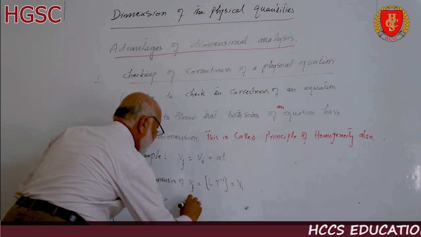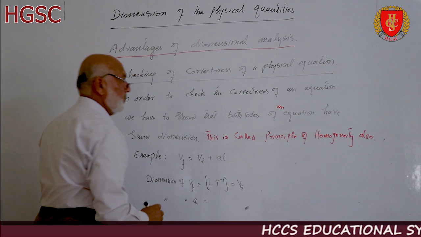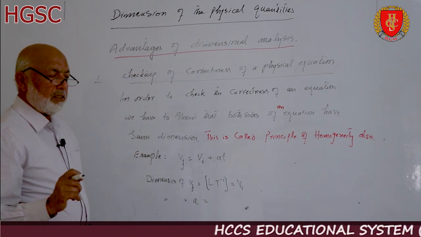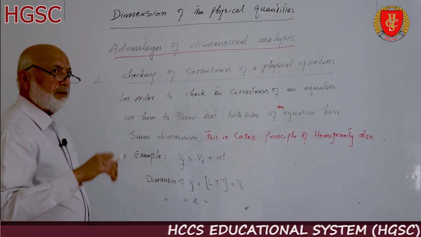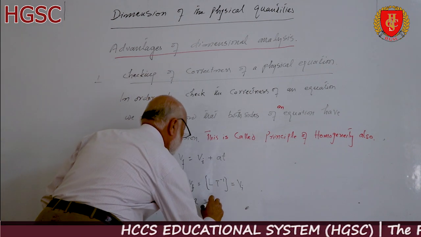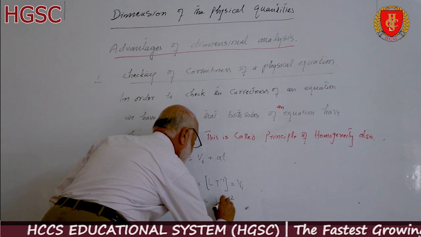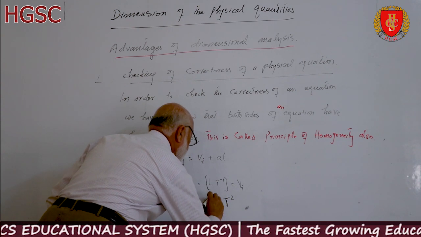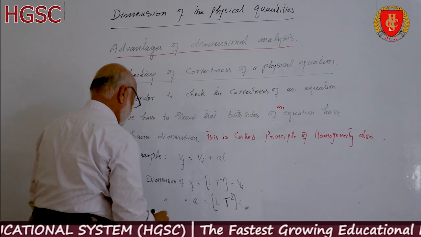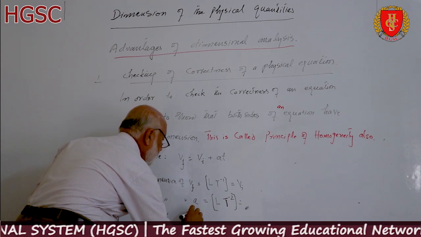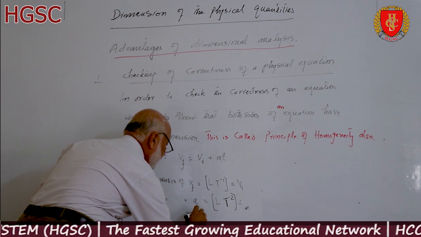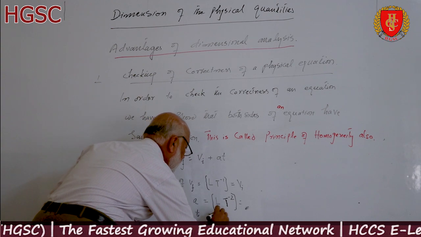The dimension of acceleration: acceleration is the rate of change of velocity, so change in velocity divided by time. So the dimension of acceleration is L t minus 2, and the dimension of time is t.